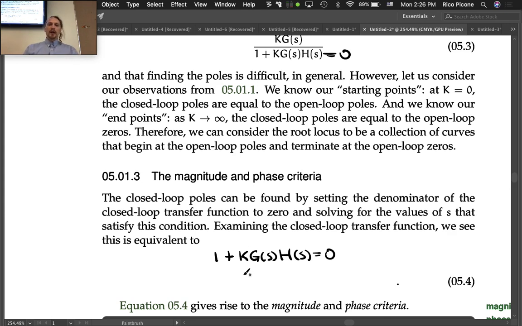So we can rearrange this slightly. We're just going to subtract 1 from both sides. We're going to say k G(s) H(s) is equal to -1.